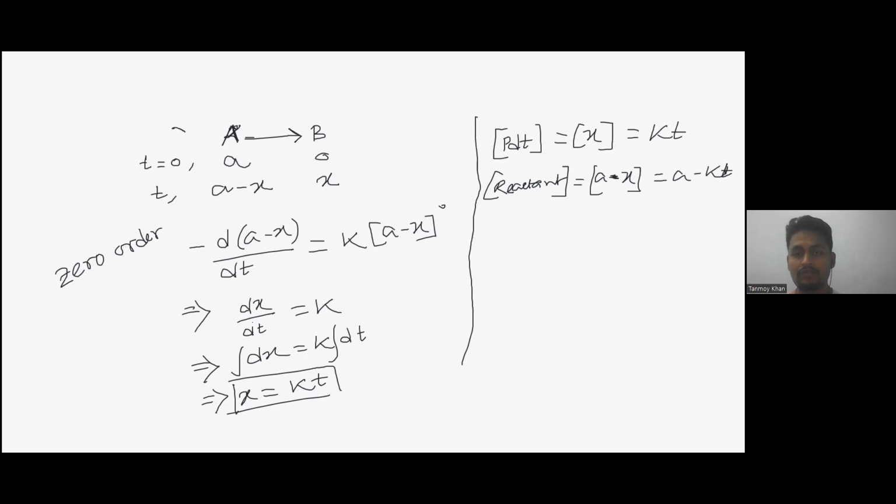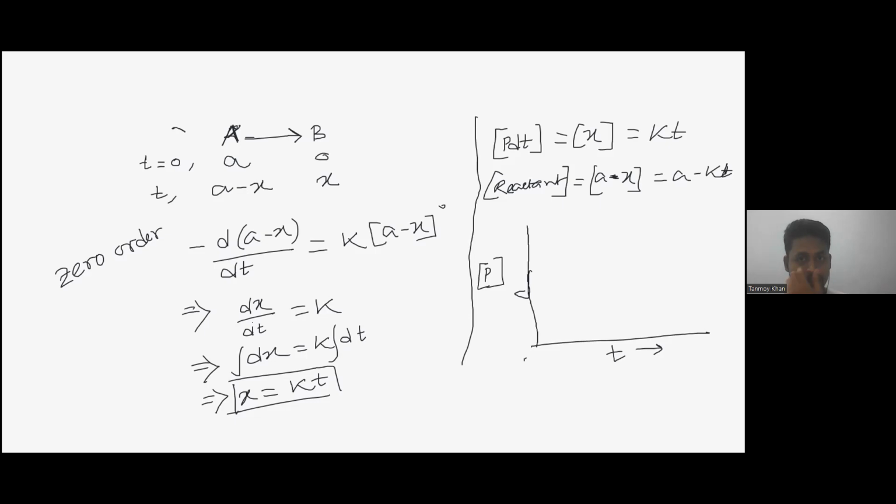So if someone tells you to draw this plot, to show how the concentration of product changes with time, now you know this is kt.